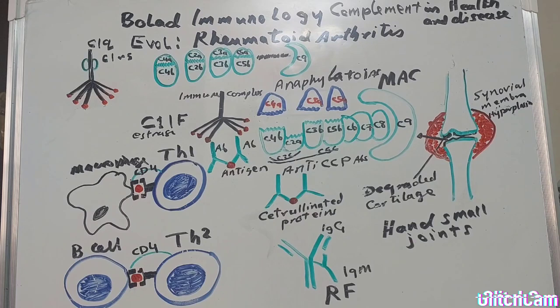And in a normal condition, when apoptotic cells die, they are removed by a special subset of macrophages. However, when these cells enter the joint and die by apoptosis, the apoptotic cells and necrotic cells cannot be removed by that subset of macrophages due to absence of that subset of the macrophages.